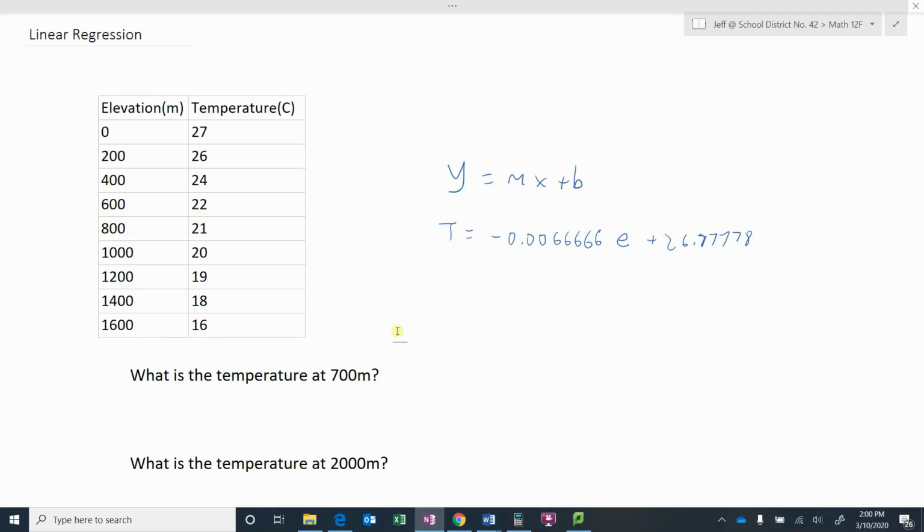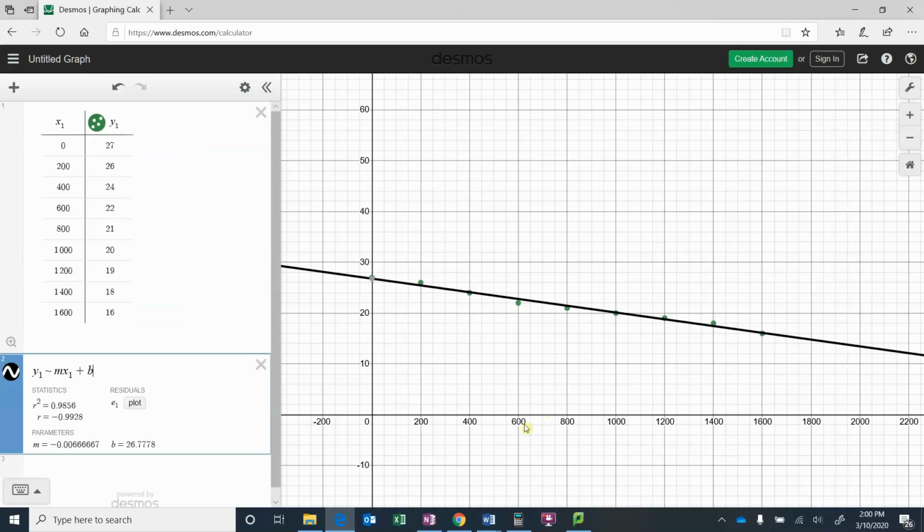That would be using the table to approximate that. We could go back to our graph and see, okay, here's 700. So we could look up here and, yeah, 22.46. So somewhere around 22 from the graph.